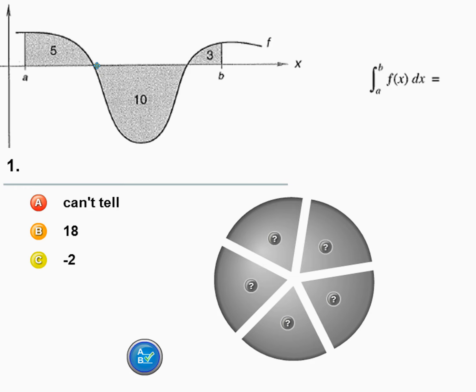The integral from this point to this point would be negative 10, because the area is 10. And then this would be a positive 3. So we have a positive 5, a positive 3 is positive 8, and then a negative 10, which would give us negative 2. So the correct answer for this one is C.